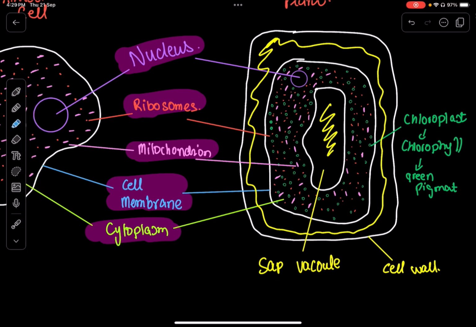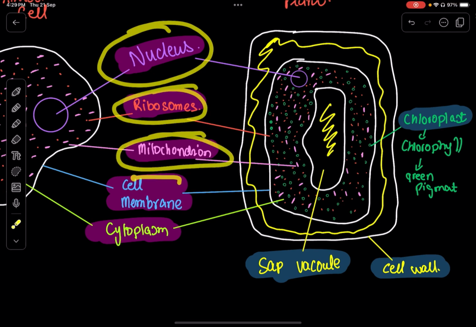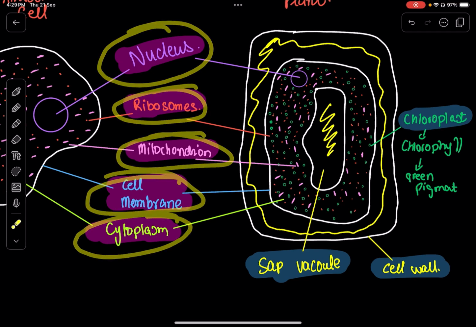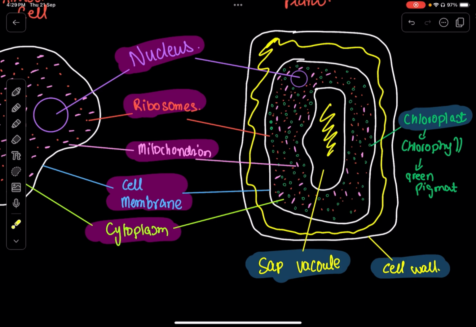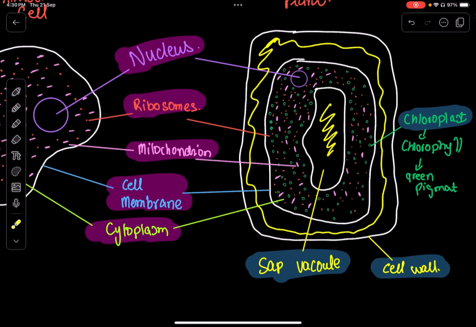Chloroplast, sap vacuole, and cell wall are the three things only present in a plant cell, whereas nucleus, ribosomes, mitochondria, cell membrane, and cytoplasm are present in both animal cell and a plant cell, and sap vacuole, cell wall, and chloroplast are the only things present in plant cell. I hope it clears it for you guys.